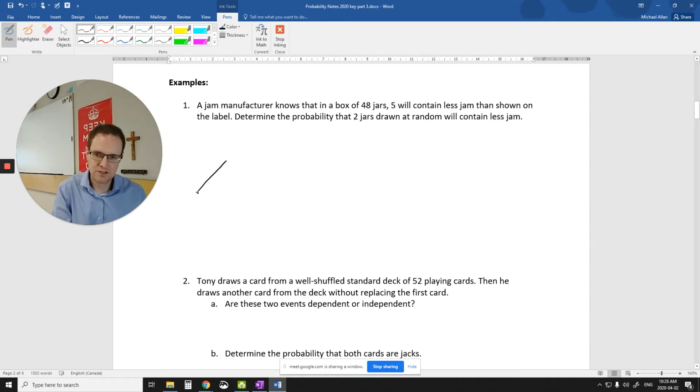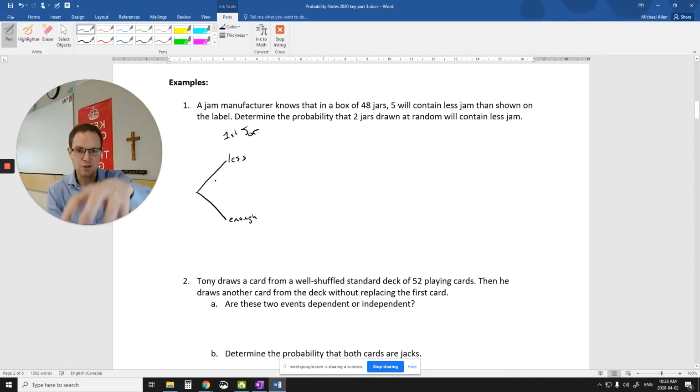So I'm going to reach in and grab my first jar. There are 2 outcomes for the first jar. It could either have less jam or it can have enough jam. Those are my 2 different options. Now, the probability of it having less jam at this point, because this is the first jar, is the number of favorable outcomes, 5 that have less, over the sample space of 48 jars.